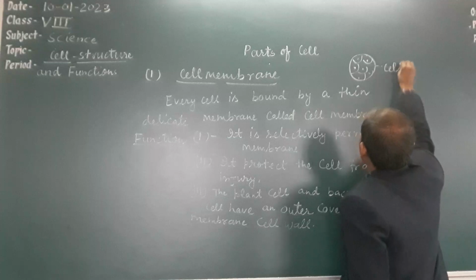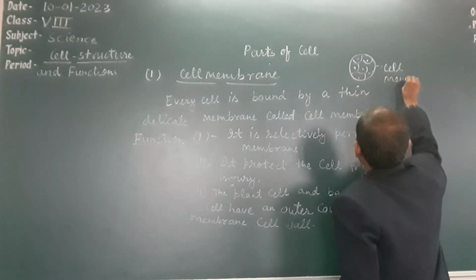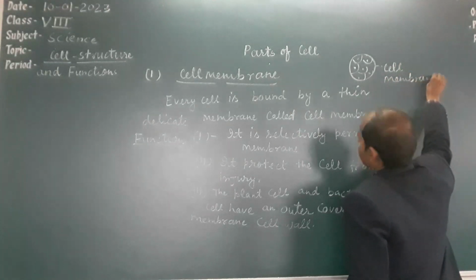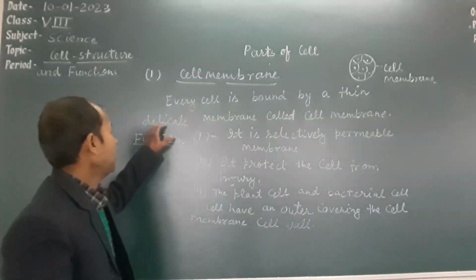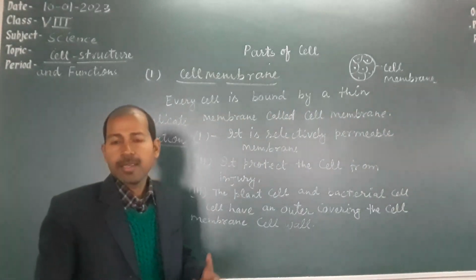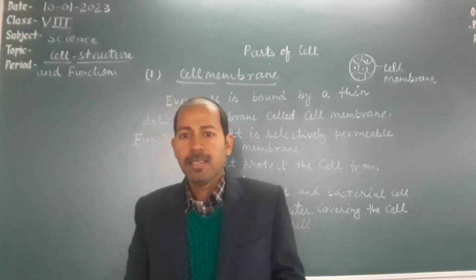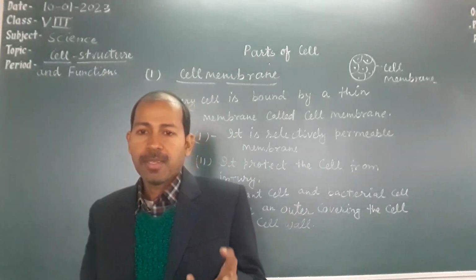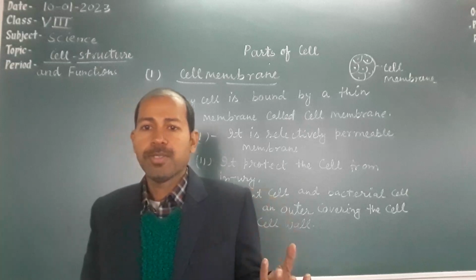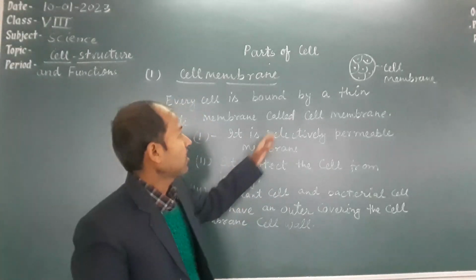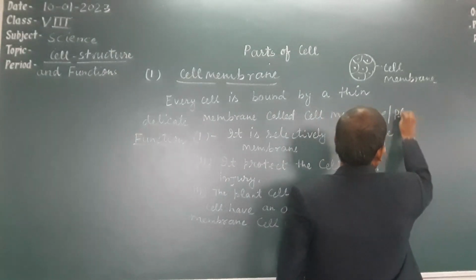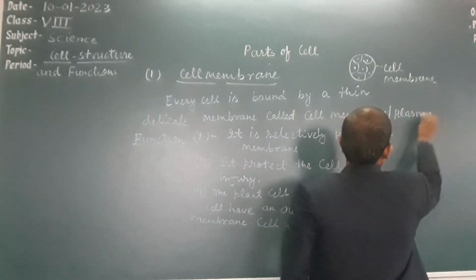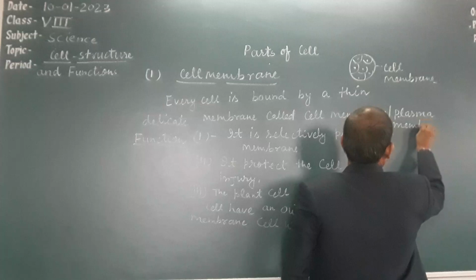Now, every cell is bound by a thin delicate membrane called the cell membrane. That is, the membrane which surrounds any cell is called the cell membrane. It is also called the plasma membrane.